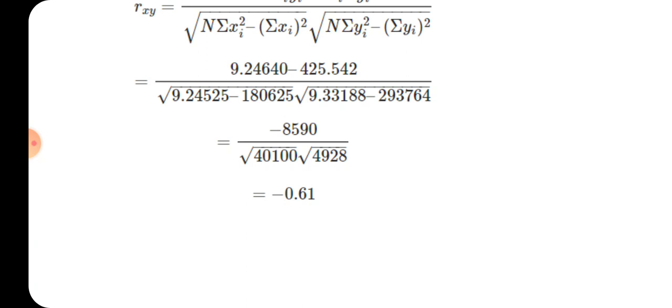They are all under one root. So it becomes minus 8,590 divided by the square root of 40,100 into 498. The value is minus 0.61.